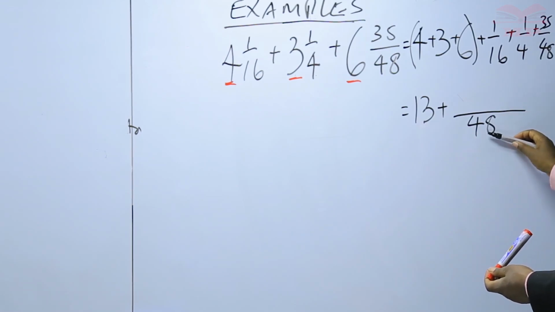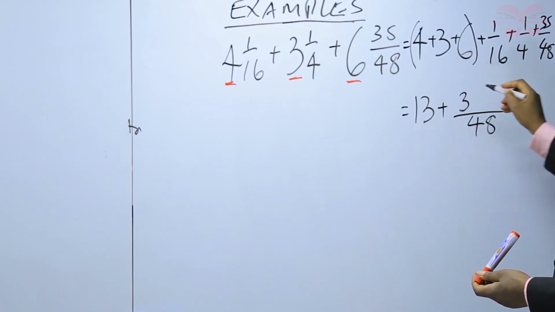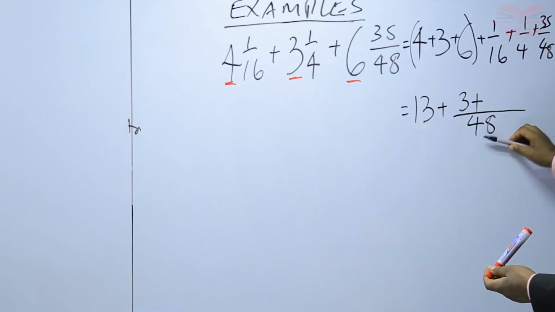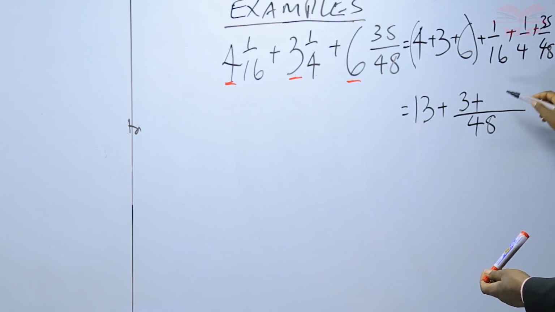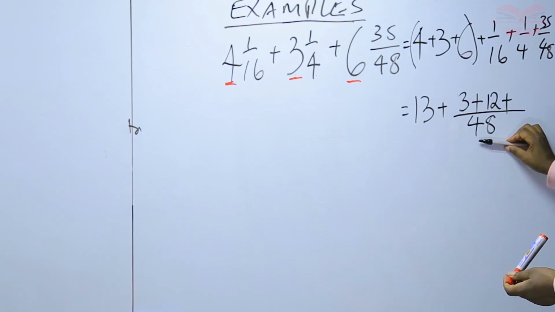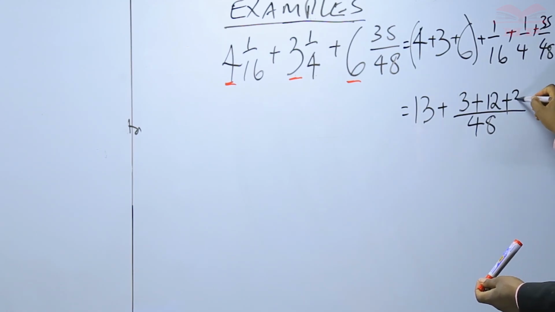So 48 divided by 16 is equal to 3, plus 48 divided by 4 is 12, plus 48 divided by 48 is 1, times 35, the answer here is 35.